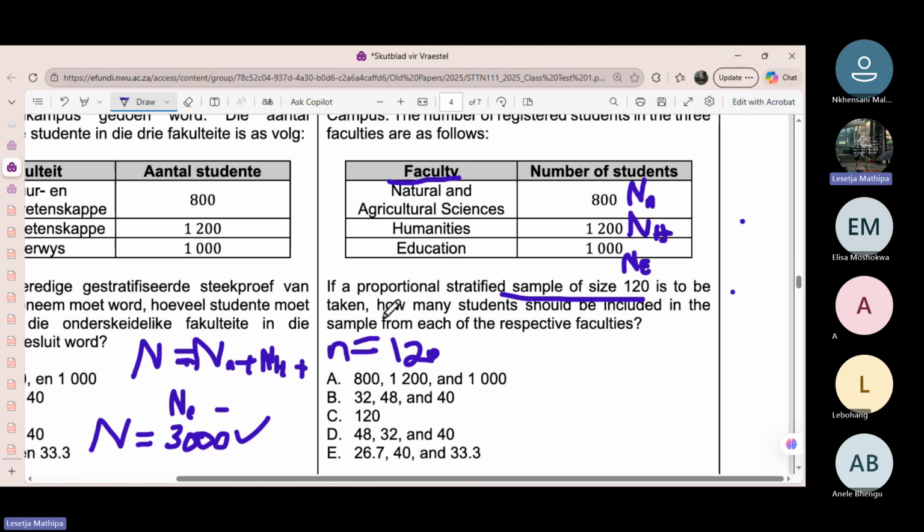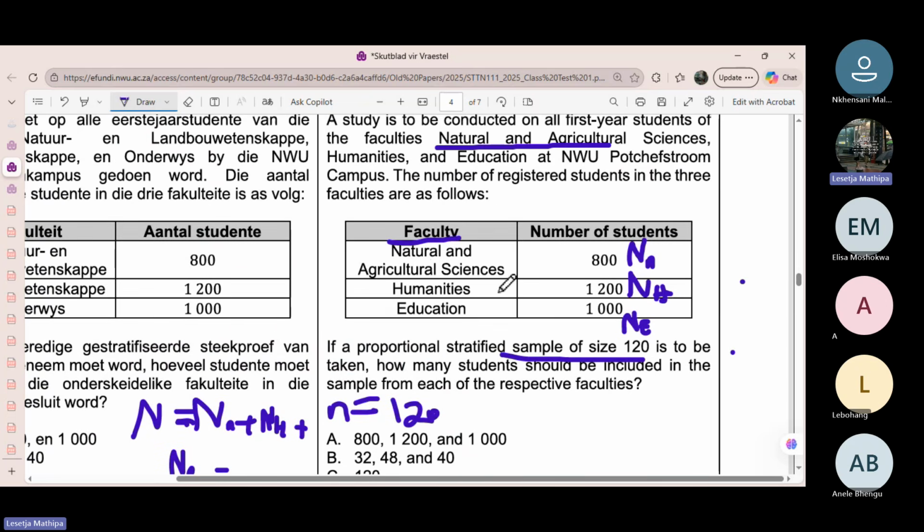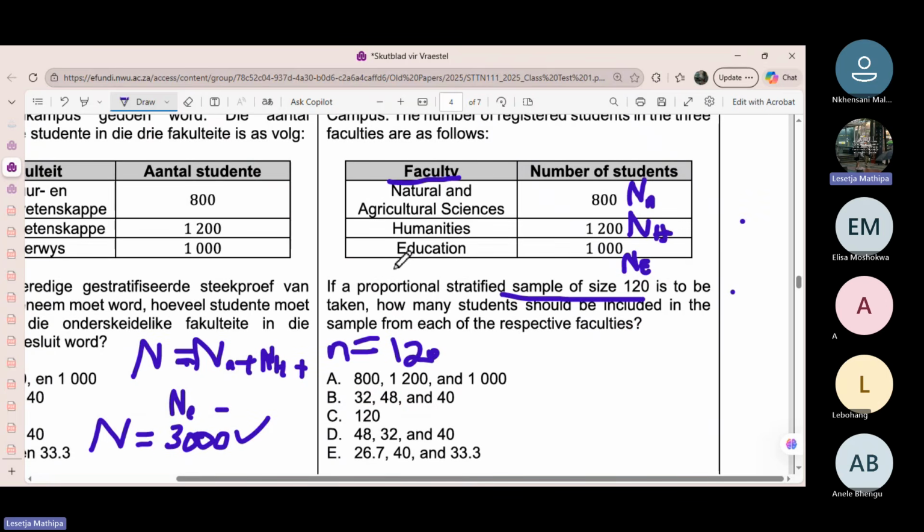What are we looking for on this question? We are looking for small letter n from each of the respective faculties. So we are looking for the sample stratum size of FNAS, humanities, education.